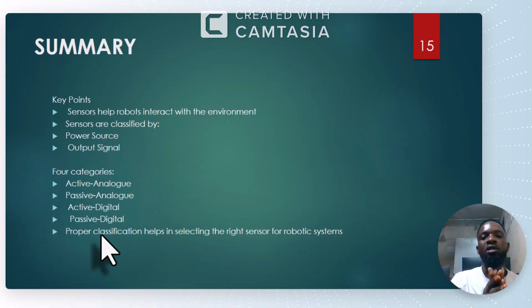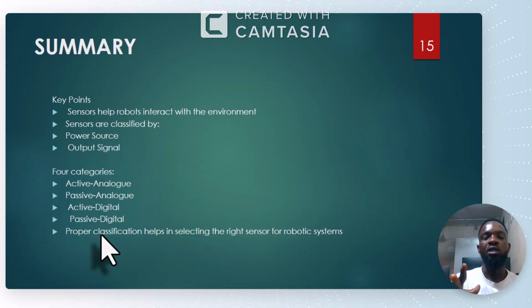Sensors are also classified by power source and output signal. We also look at the 4 categories of sensors. I hope you remember that, where we mentioned the active analog, the passive analog, the active digital and then passive digital.